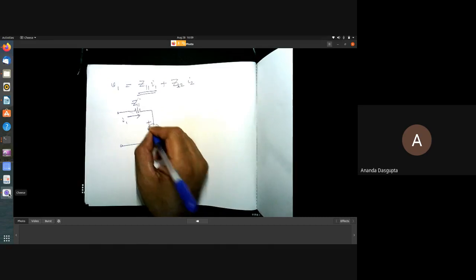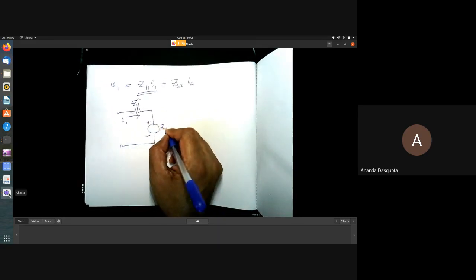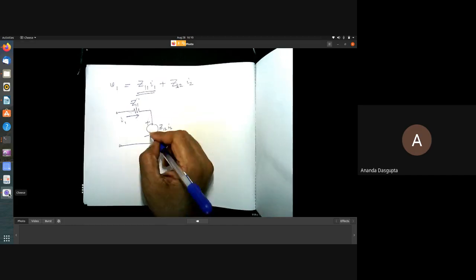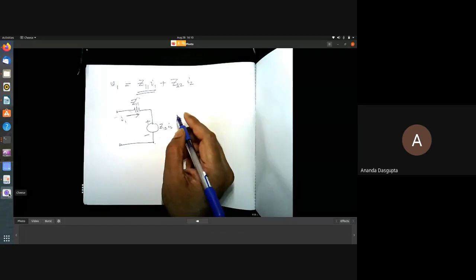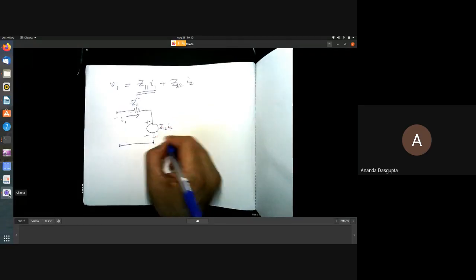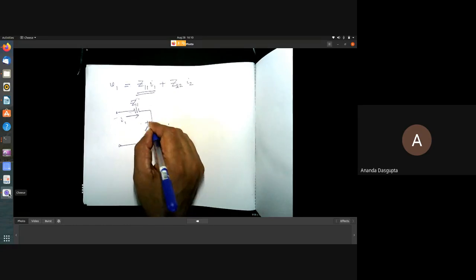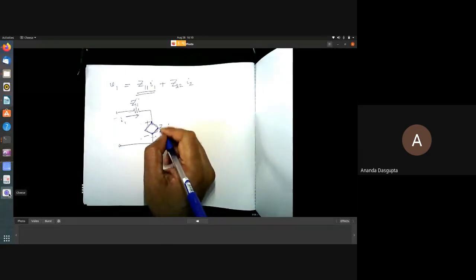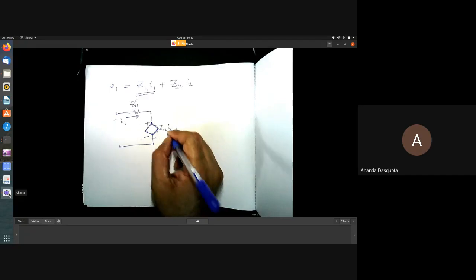However, the other term you simply cannot get by putting an impedance, for the simple reason that this voltage depends not on the current flowing through this input, but through some other place. So Z12 I2 has to be written down as, okay, once again I made the same mistake, as a current controlled voltage source. Current controlled because the value of I2 is controlling it, and it's a voltage source.